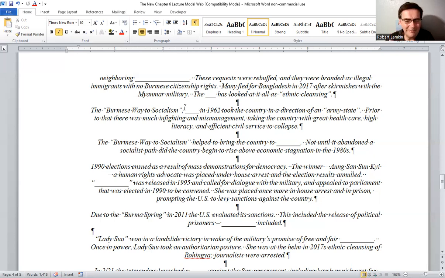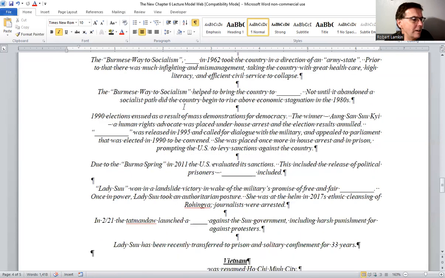As a result of mass demonstrations for democracy, the winner, Aung San Suu Kyi, a human rights advocate, otherwise known as the Lady, was placed under house arrest. She was released in 1995, and she called for dialogue with the military, and she appealed for the Parliament that was elected in 1990 to be convened.